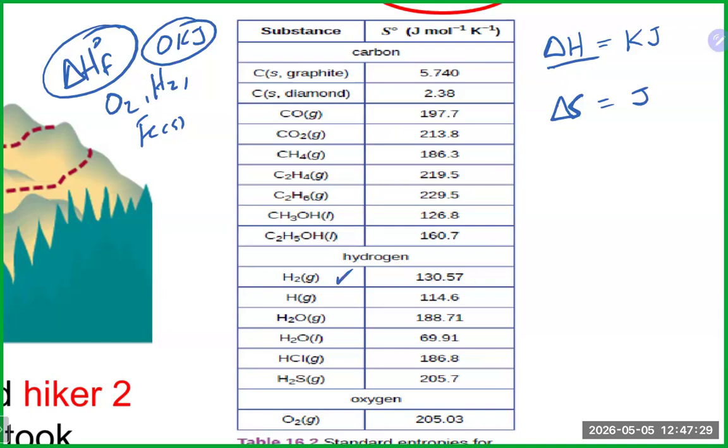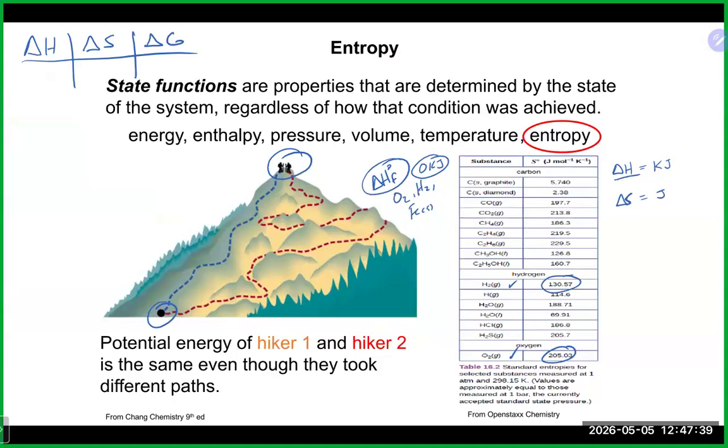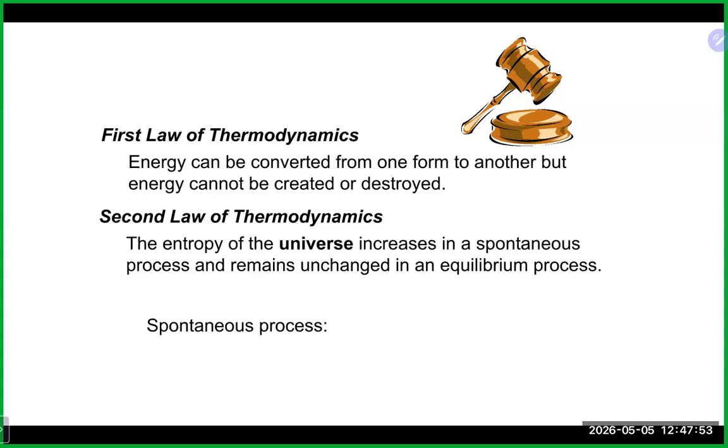As you can see here, hydrogen and oxygen actually do have values, which is different from delta H values. So typically, our S's are in joules, our delta H's are in kilojoules, and we can use entropy, as we'll talk about here, to help us decide whether or not a reaction is going to be spontaneous.